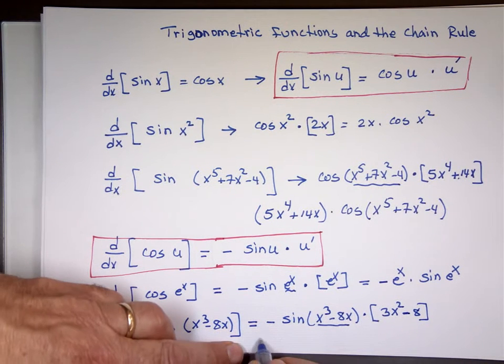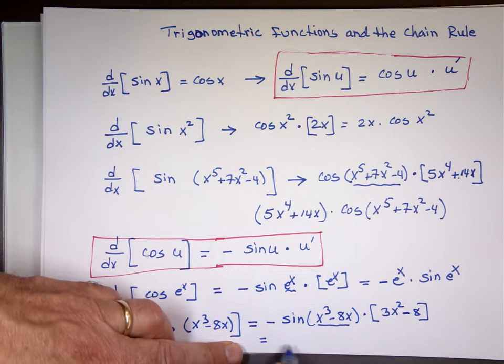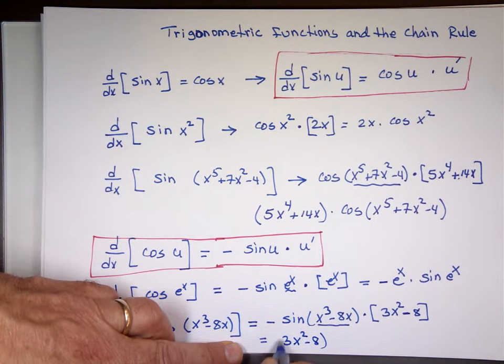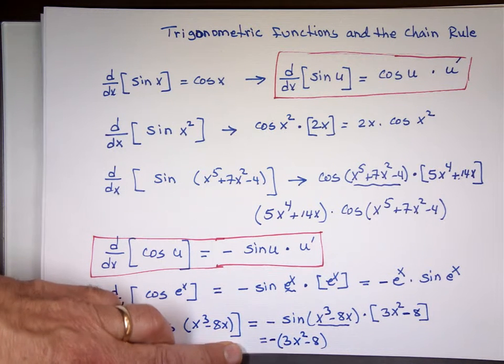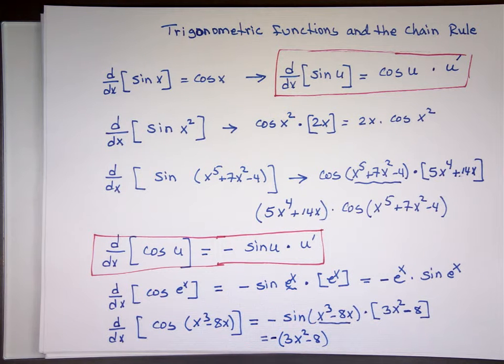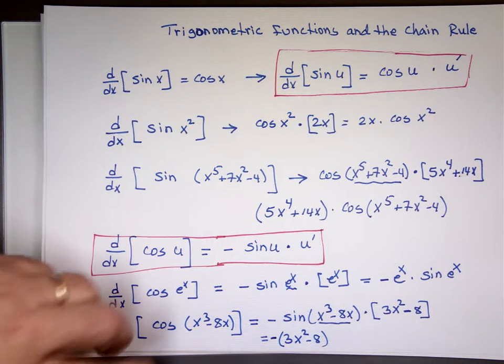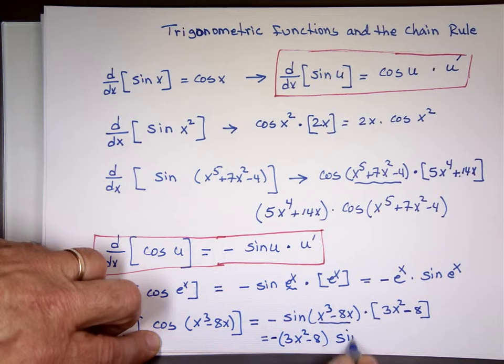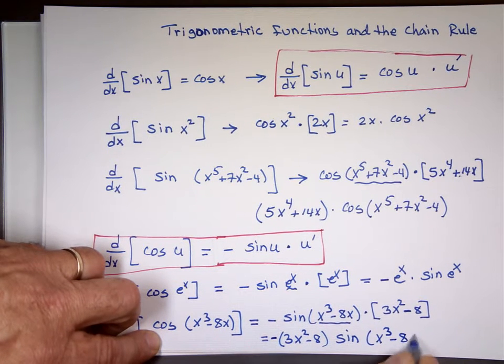So when you clean it, I like this first: 3x squared minus 8, and I'll take the minus in the front with a 2. See the minus I put in the front? Times the sine of x cubed minus 8x.